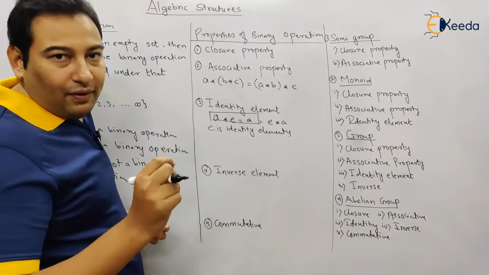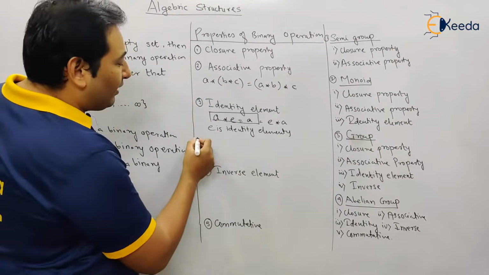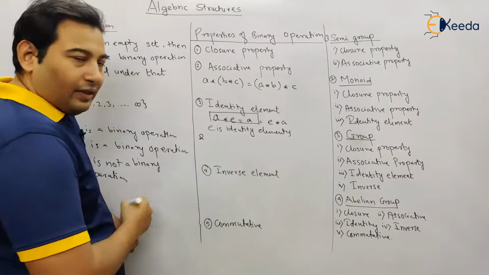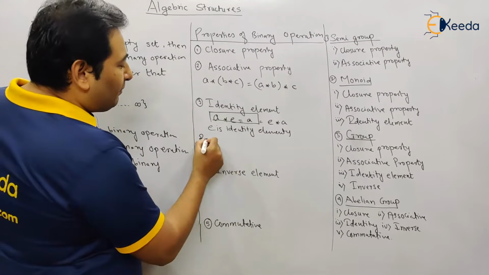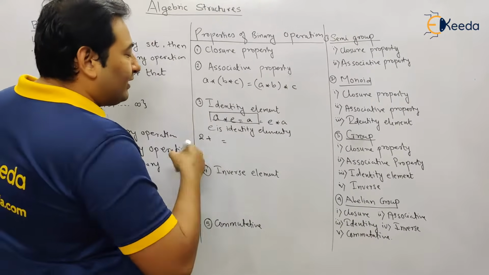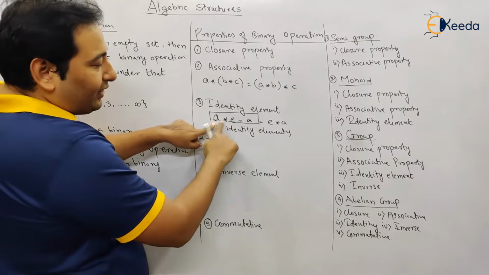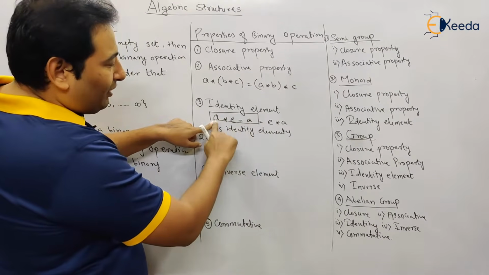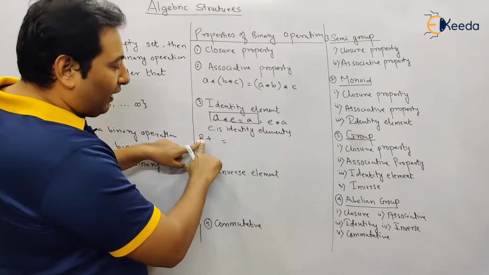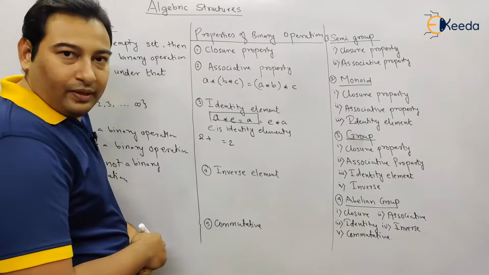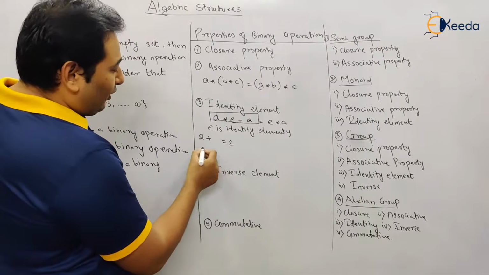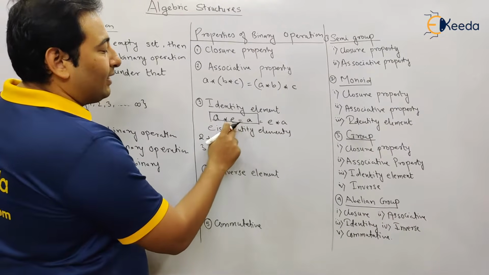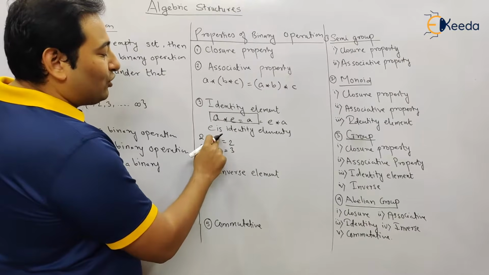Now let us identify what is the identity element with respect to plus. See here, let me take 2 as an element. Let me take the operation plus, and what does the definition say? Whatever you write here, you should write here. We should get the same answer. So here we have 2, so we should get 2. Let me take one more example. Let's say 3. Whatever comes here is your identity element.